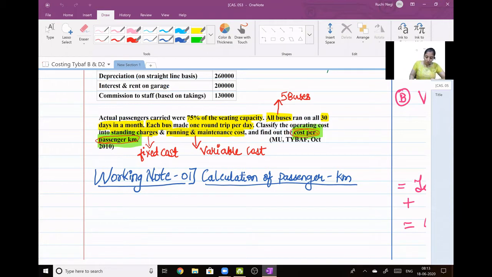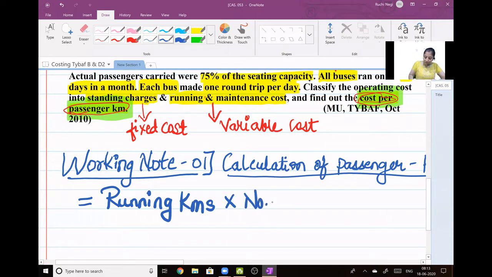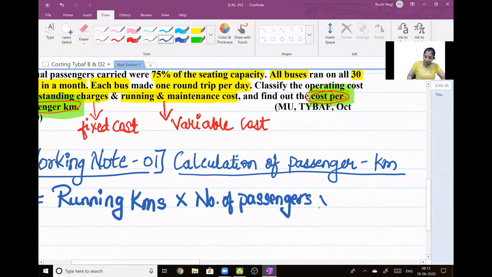Okay, so what did I tell you in the last lecture? What is the formula? It is running kilometers multiplied with number of passengers, multiplied with percentage capacity.